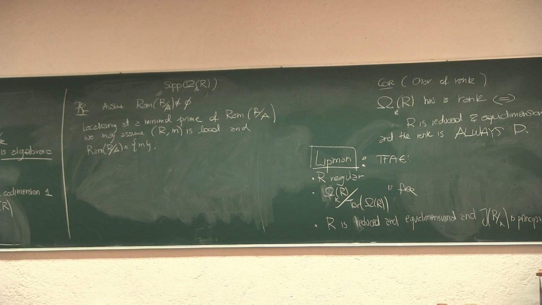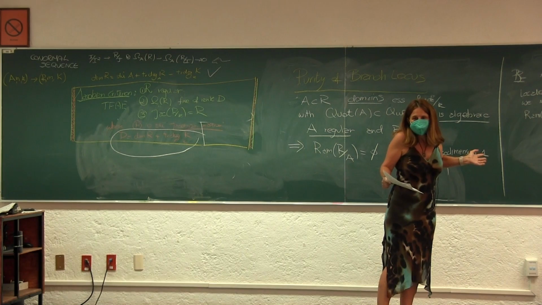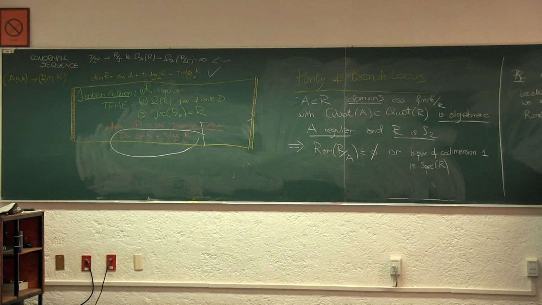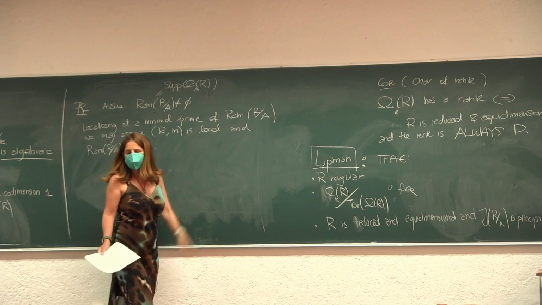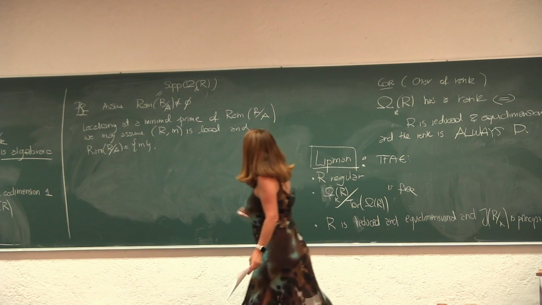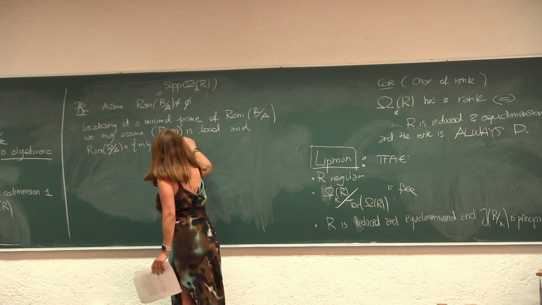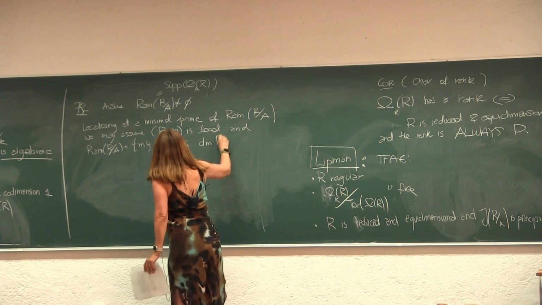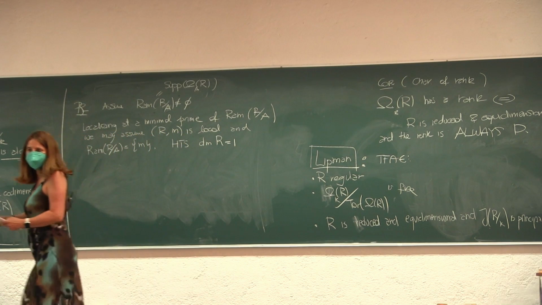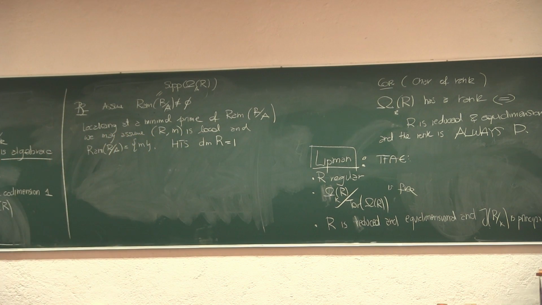You could ask, why can I do that? Because the module of differentials localizes. That's all. And remember that the ramification locus is defined by this, so I can always localize. Now what do you have to show? You just have to show that the dimension of your ring is 1, because you have to show that this prime has codimension 1.